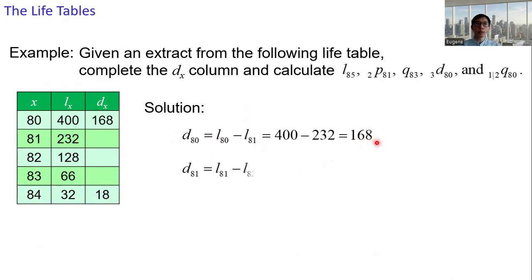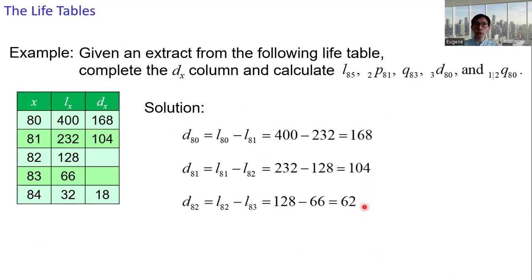And then d81: 232 survivors at age 81 and 128 survivors at age 82. The number of deaths between the ages 81 and 82 is 104. Similarly, d82 we get 62, and d83 we get 34.